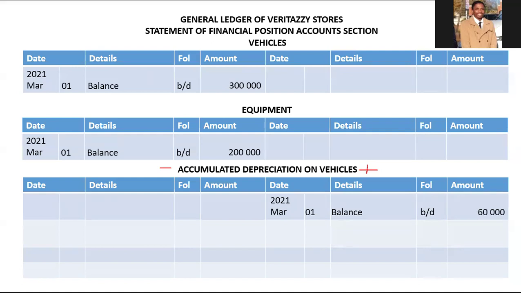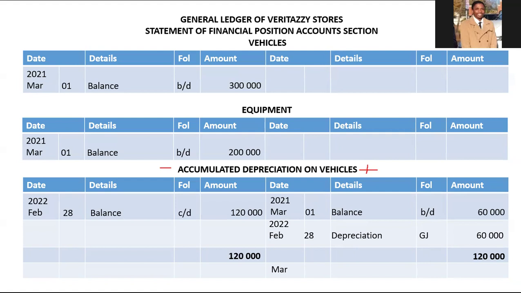For the 2022 financial year, our depreciation was 60,000. So the accumulated depreciation account will increase on the credit side by 60,000, taking it to 120,000. That 120,000 will become our balance carried down and ultimately our balance brought down.